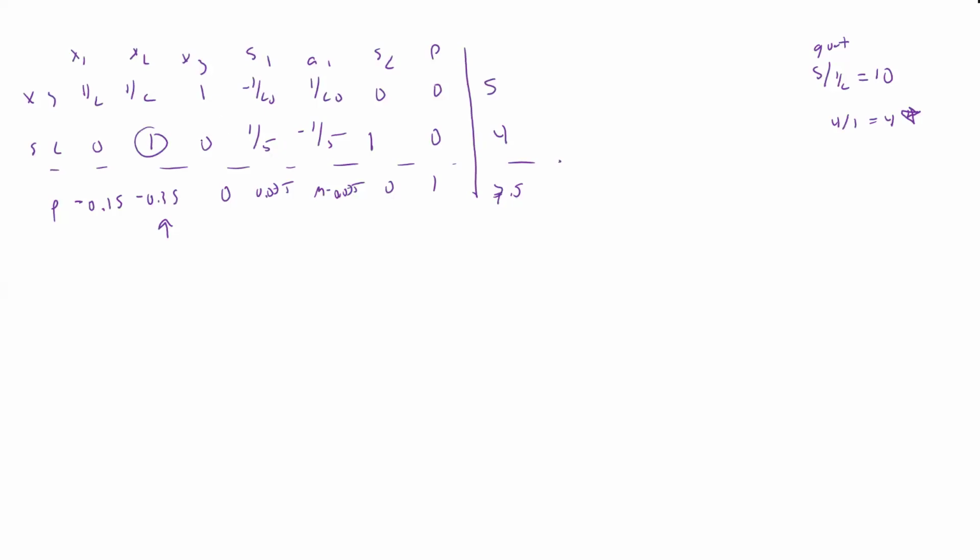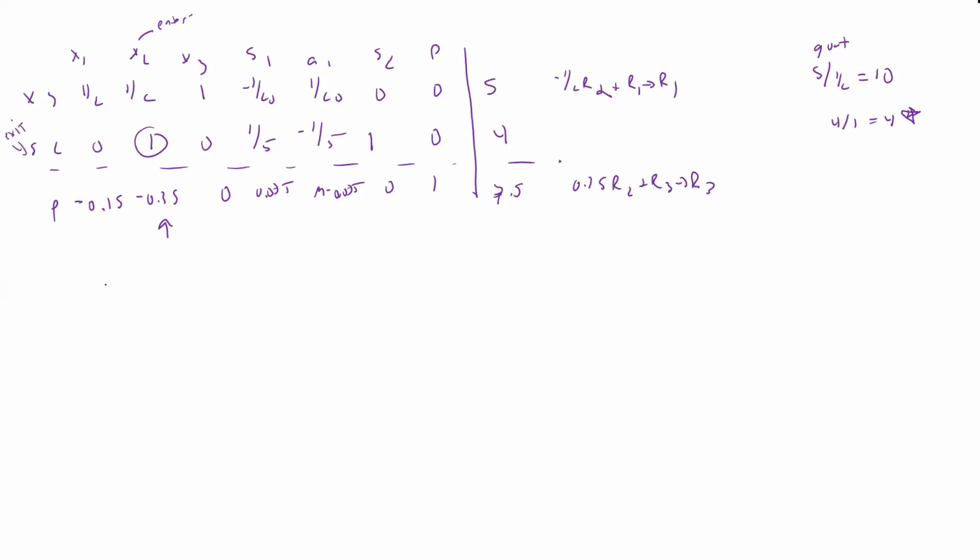So we don't have to do much here. We're just going to take minus 1/2 row 2 plus row 1. It's my new row 1. And I'm going to take a 0.35 times row 2 plus row 3. And that's my new row 3.